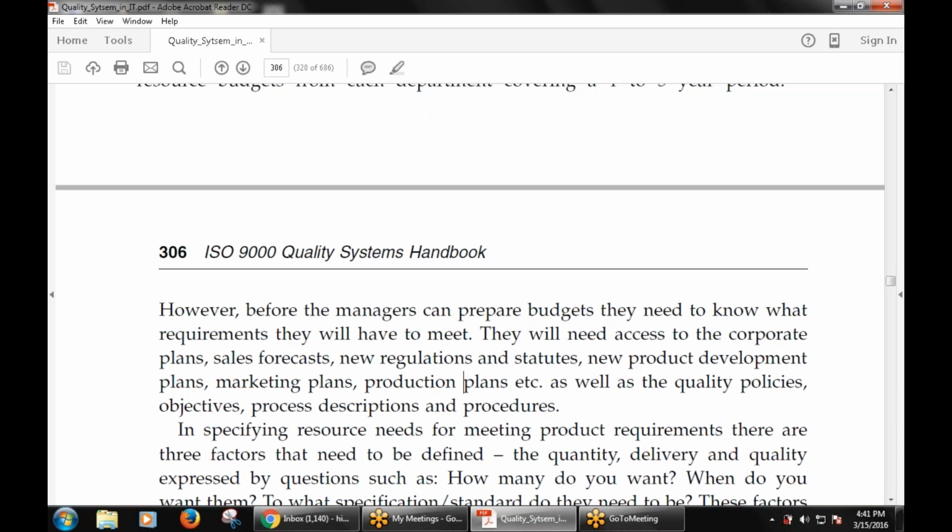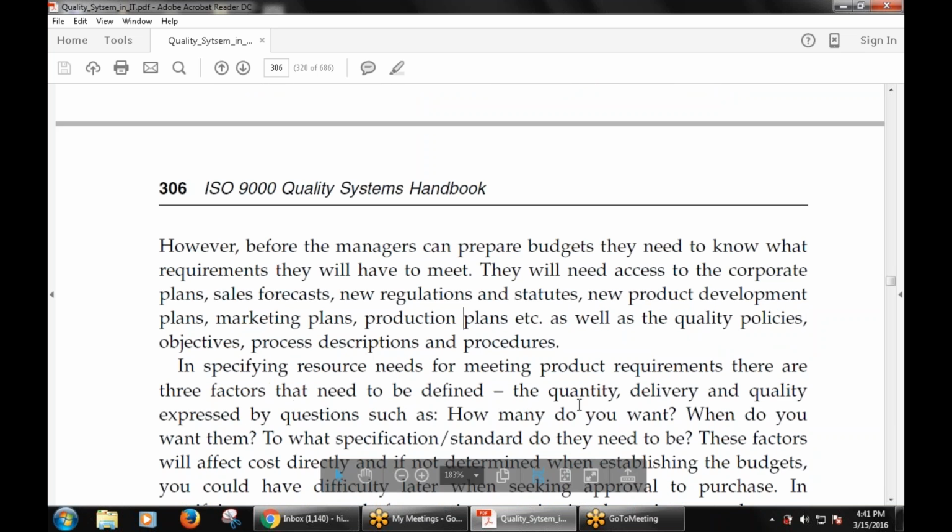So whatever the quality policy and objectives are, they are used for the process description and the procedure. And in specifying the resources needed for meeting the product requirement, there are three factors that need to be defined: the quantity, delivery, and quality, which are expressed by the questions required for the quality management system.